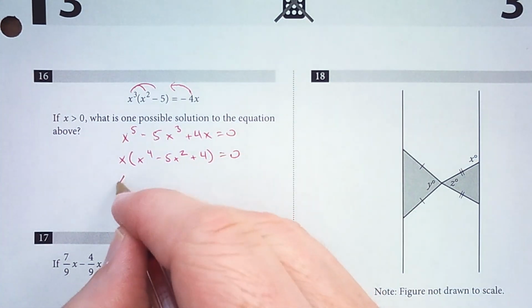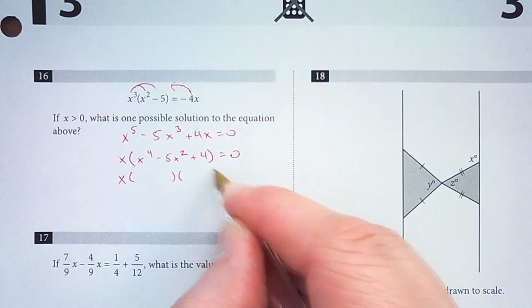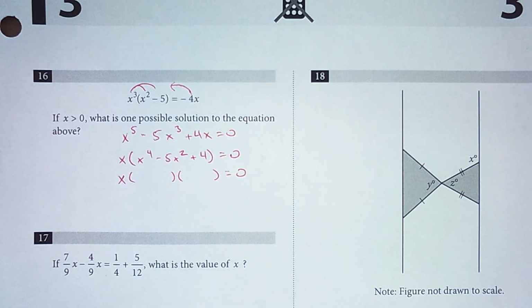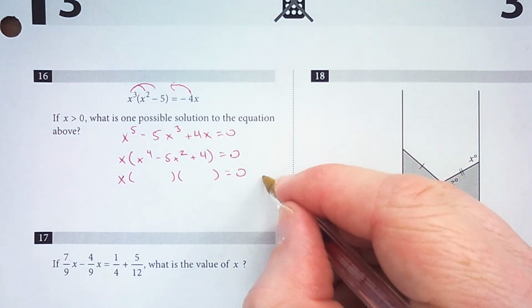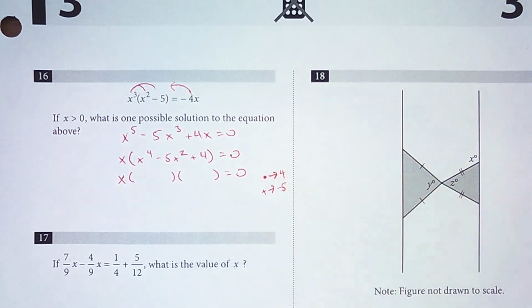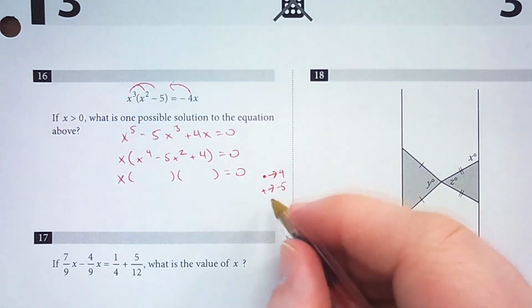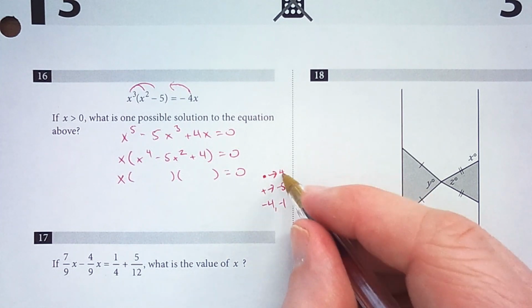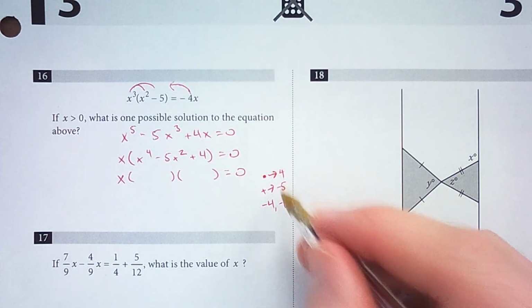Okay, so that's x times, and now we're going to factor this trinomial into 2 binomials. Okay, so we want 2 numbers that multiply to make 4 and add up to -5. Okay, those 2 numbers are going to be -4 and -1. So when I multiply them, I get +4. When I add them, I get -5.